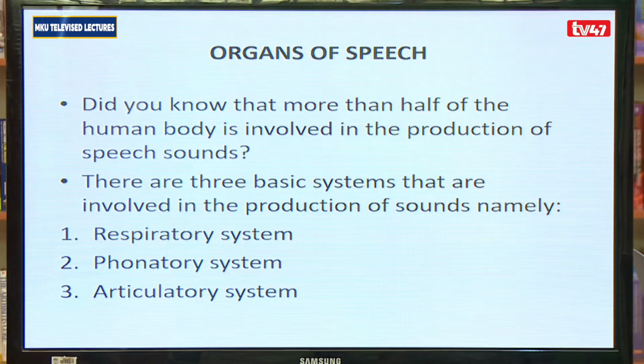And we have three basic systems that are involved in the production of sounds, namely the respiratory system, the phonatory system, and the articulatory system.